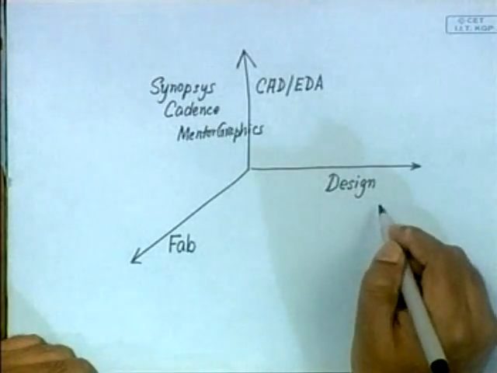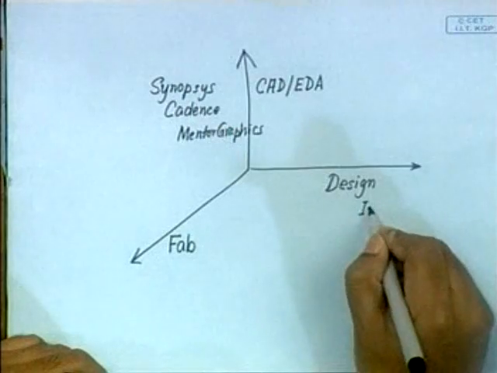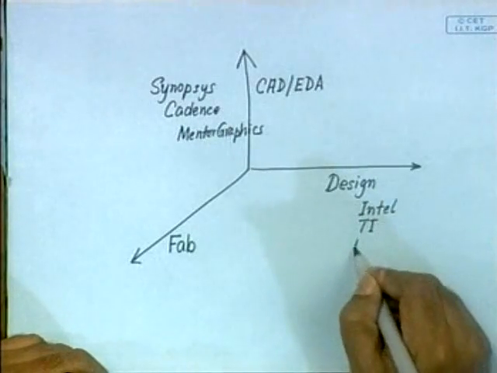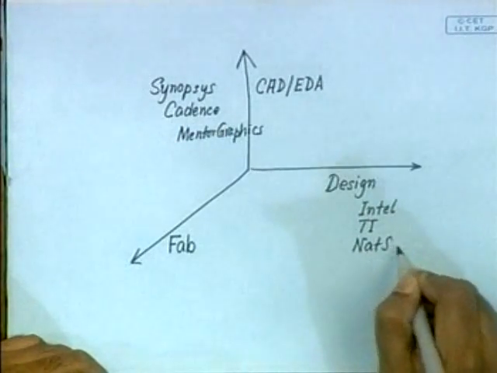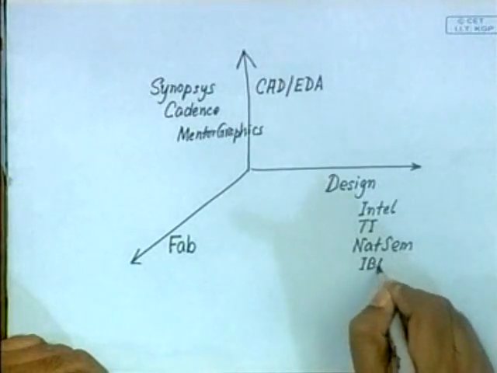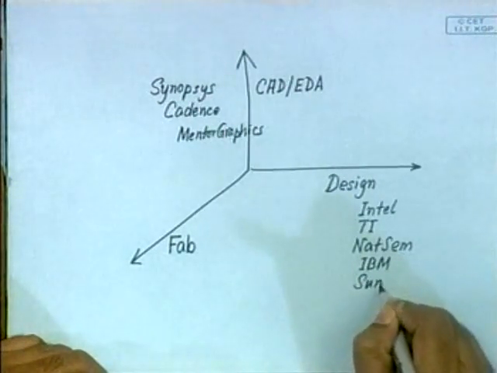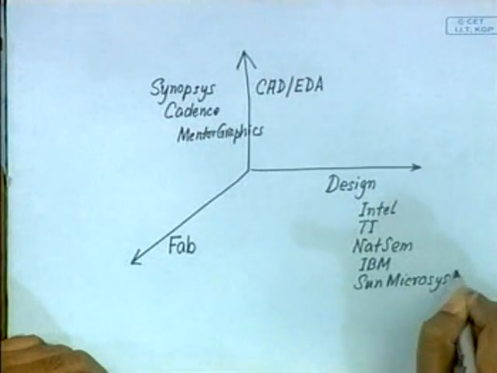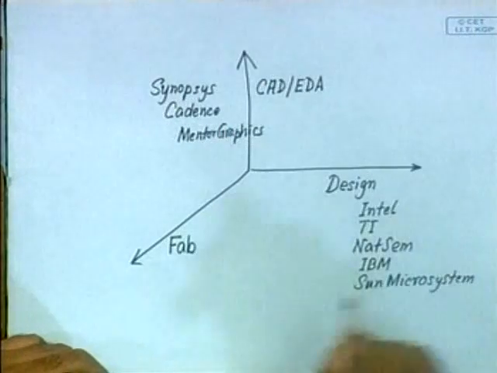Then we have the design companies, the ones which actually design the chips. So we have Intel here, you have Texas Instruments, you have National Semiconductors, you have IBM, Sun Microsystems. These are all chip design companies. They design chips, from processors to other types of chips.